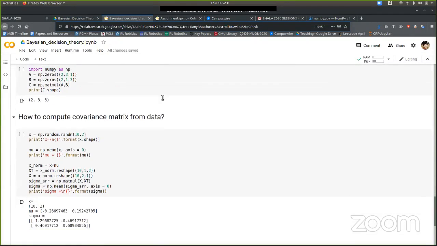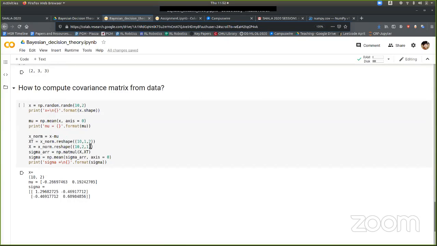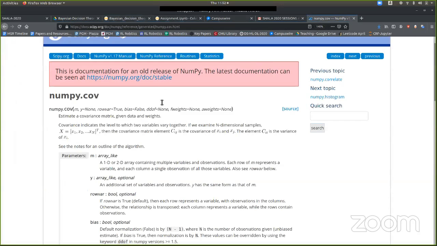Yeah, so I was explaining it to help you compute the covariance matrix. Essentially, if you have data in this shape, 10 cross 2, you can first reshape the 2D array into a 3D array and then compute the multiplication. But I guess it's much easier to use the covariance function, which is already given here.